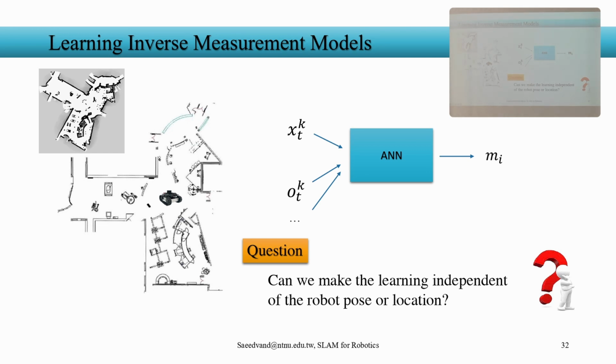Means that, in the first example, we say the robot is here, the robot moves in the environment, and the pose xt is given.